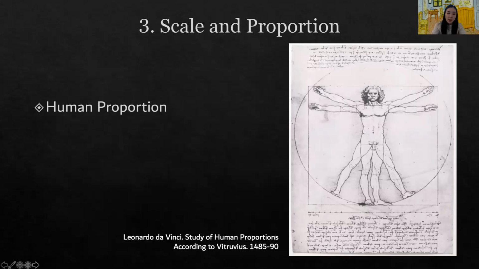We can make a perfect square and a circle shape with our body's proportions. This was discovered by the Renaissance master Leonardo da Vinci. When we straightly open our arms like in this image, the length from the left fingertips to the right fingertips is the same as our height.